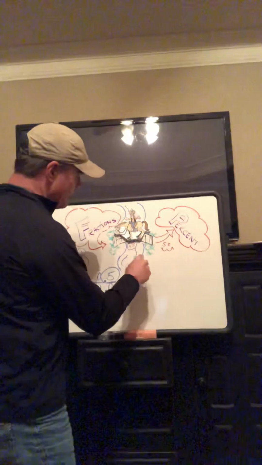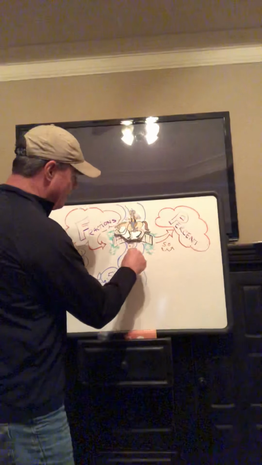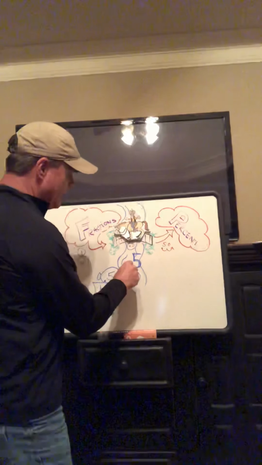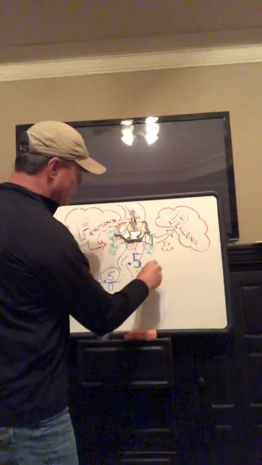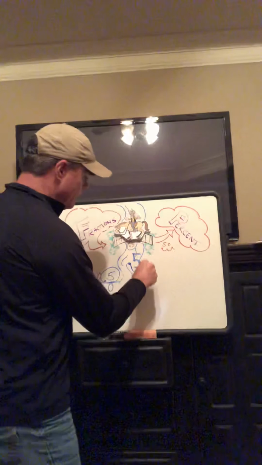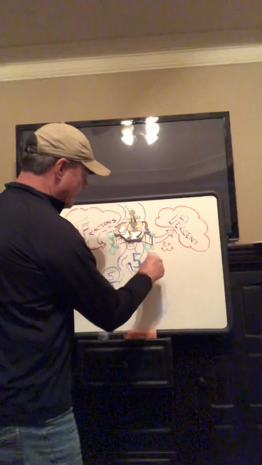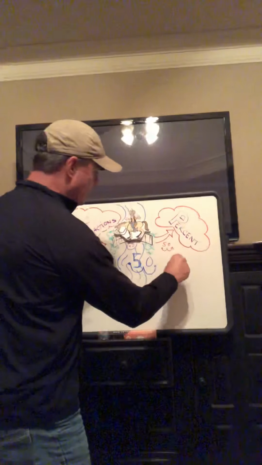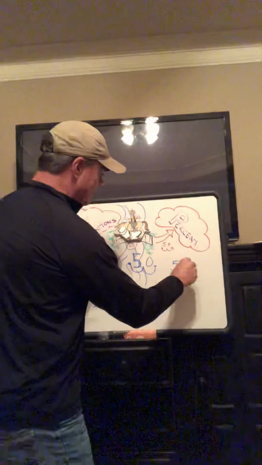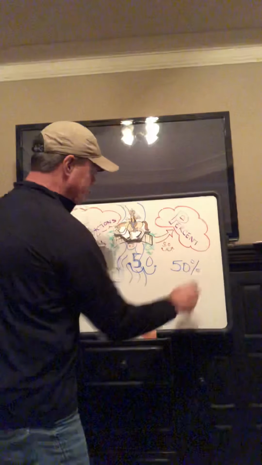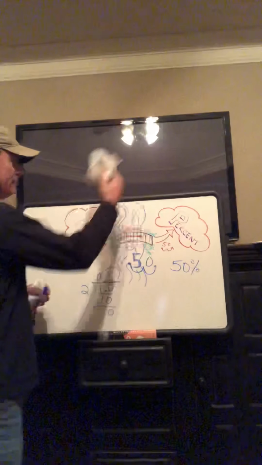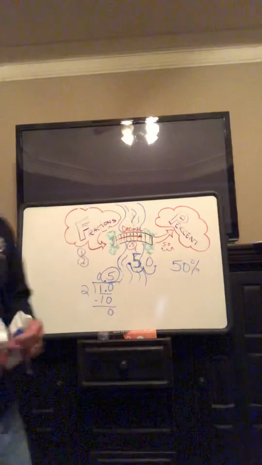So if our answer is 0.5, and we move that decimal 2 places over here, 1, 2, then we have to add a 0 right there, and our decimal ends up being right here. Our percent in the end will be 50, and you write it like that.